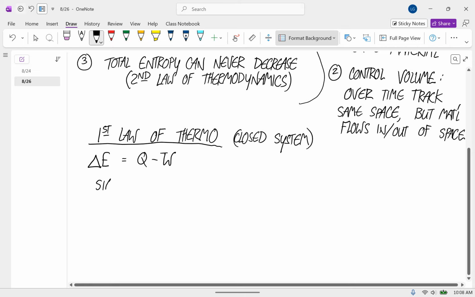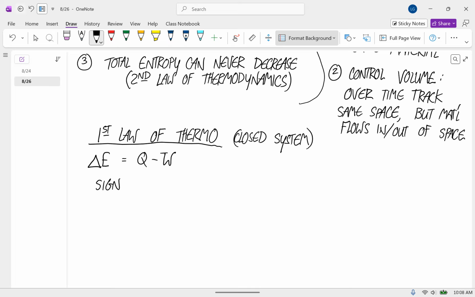The sign convention here is very important. It's going to be the same sign convention we use over the whole semester, and it can be very confusing, so I want to start emphasizing that now. Really all this is saying, the first law of thermodynamics, conservation of energy, is saying something very simple.